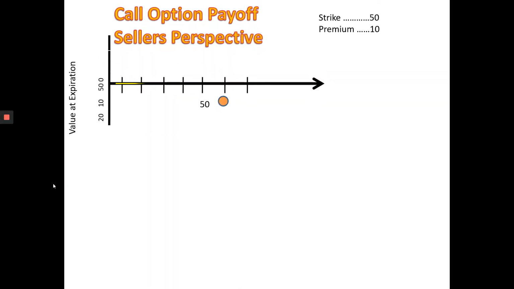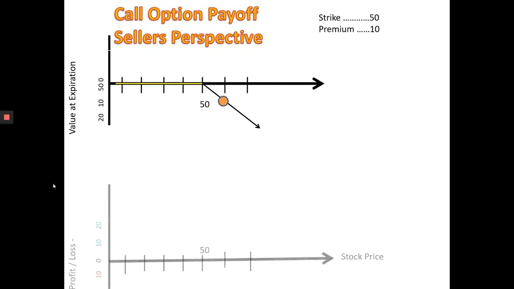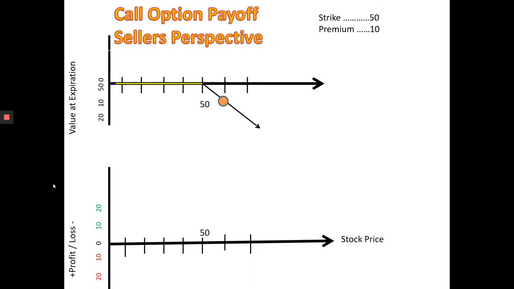Now, call option payoff from the seller's perspective. Now we want to sell the call option. If you sell the call option, you get a premium. As long as the stock price does not move against us, we are good, because we have got the premium of 10 rupees to hold. We are still bullish that the stock price is going to go up.